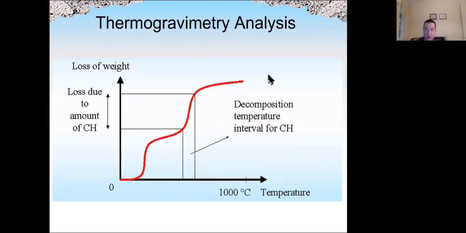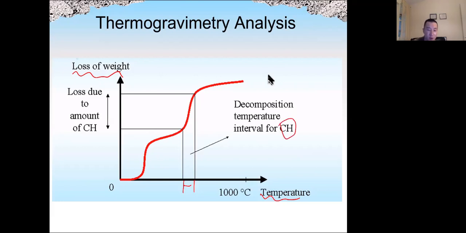So a typical curve of thermal gravimetry analysis is something like this. Again, we monitor the weight loss of the material versus the temperature. Let's say at this temperature range, we know this is the decomposition temperature for calcium hydroxide.